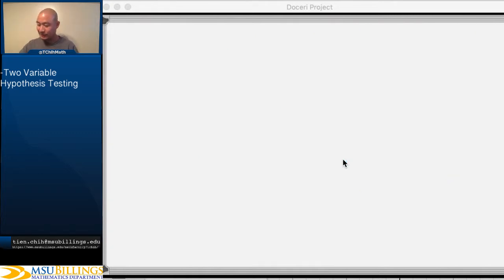But now this is the pulling the rabbit out of the hat moment. I'm going to define a new random variable xd, and the d stands for difference.